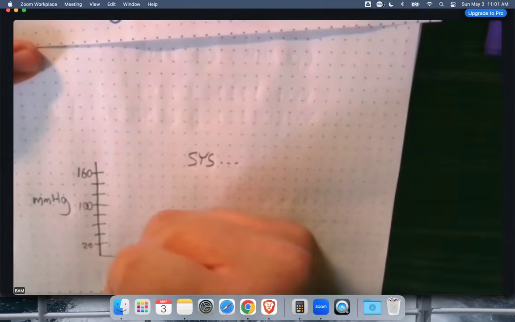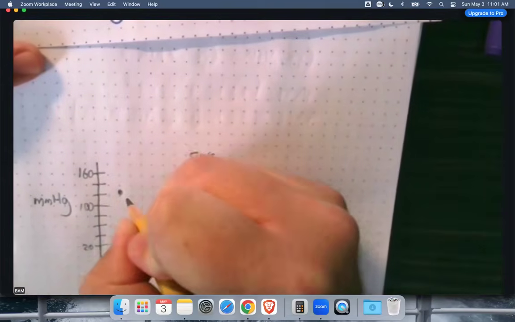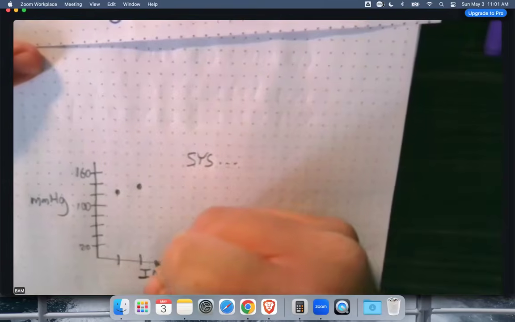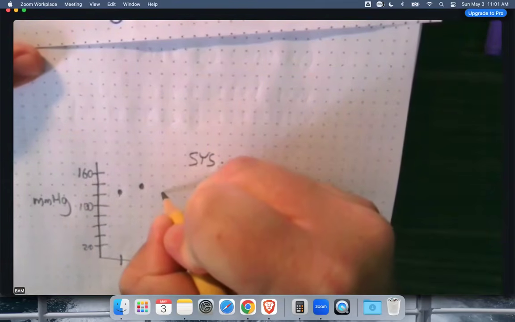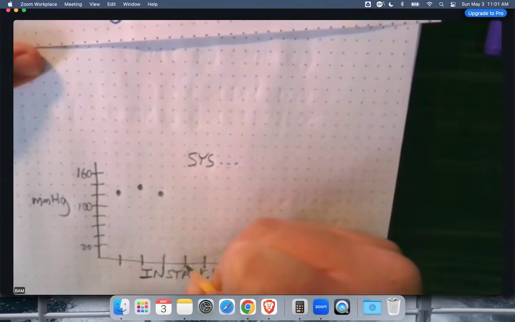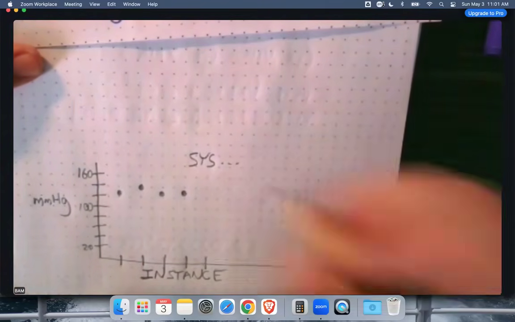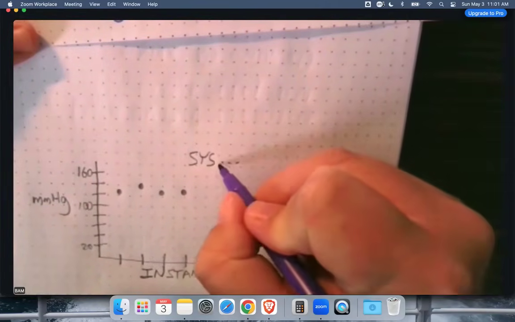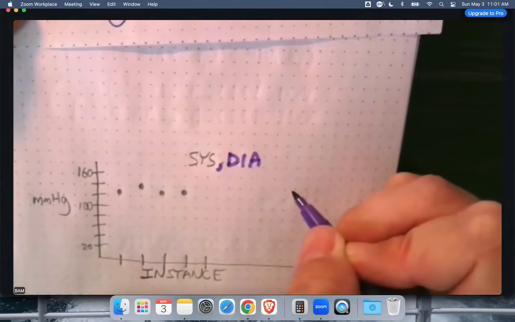So my first systolic was 123, about there. My second one was 140. My third one was 124. My fourth one was 130. The fifth one we don't know yet, but we could also do diastolic, right?